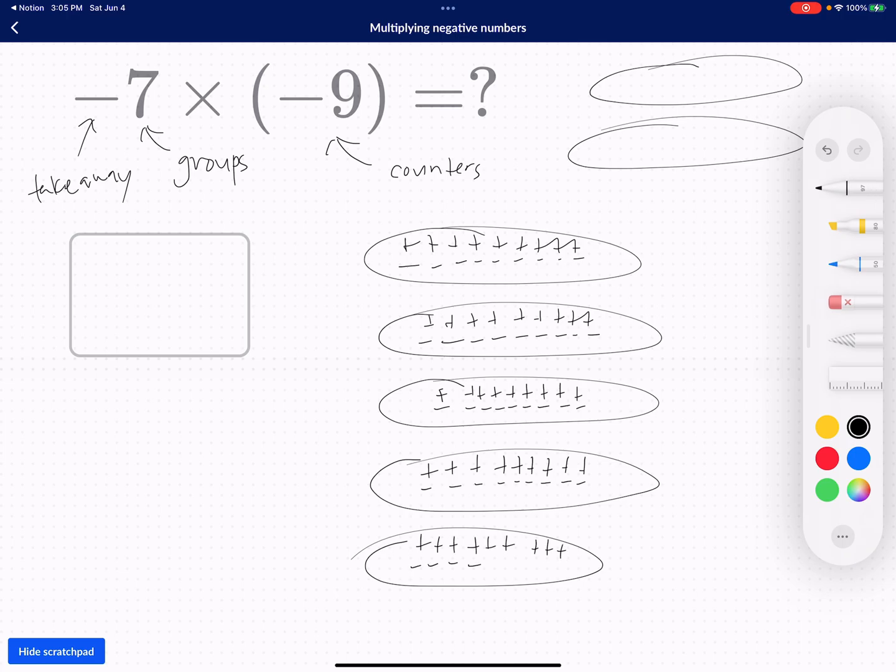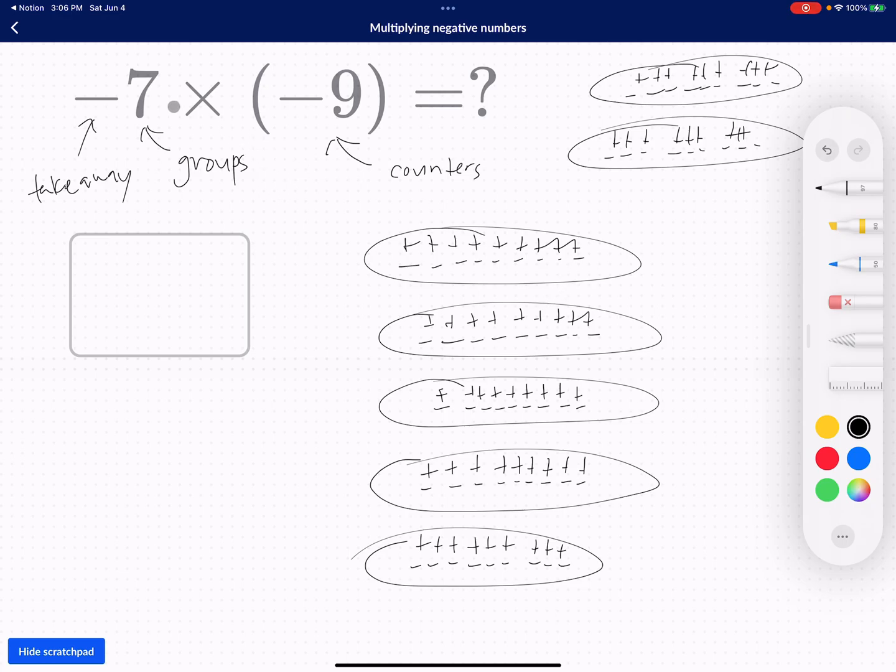That's 3 counters right there, 1, 2, 3, 1, 2, 3, 1, 2, 3, and then 1, 2, 3, 4, 5, 6, 7, 8, 9 again, until every group is filled.